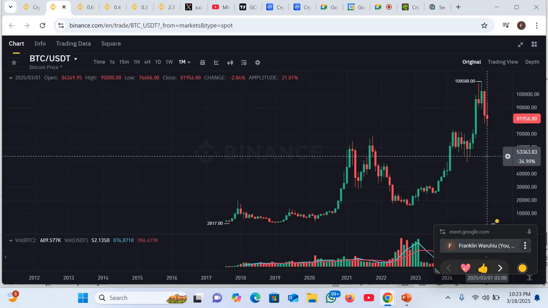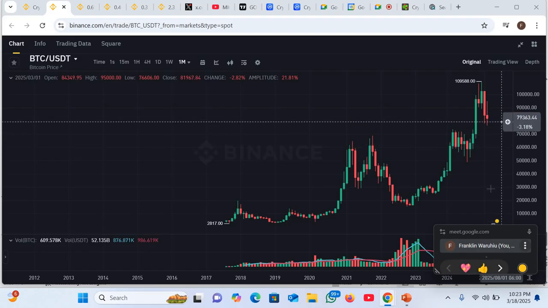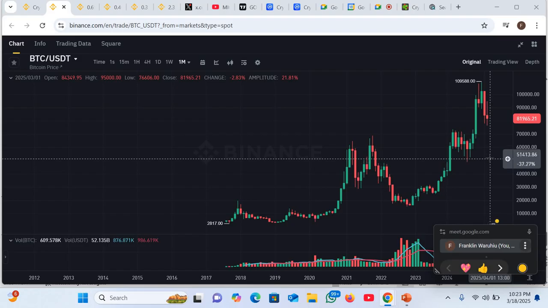It might happen, it might not happen. But you can clearly see from the current price of 81,000 to the price of around 53,000, there is a gap, what we call a CME gap. So don't be surprised if Bitcoin goes back to fill the CME gap at a price of around 53,000, 54,000.